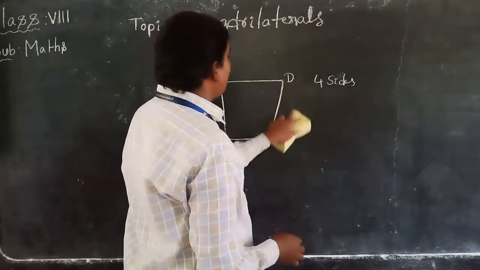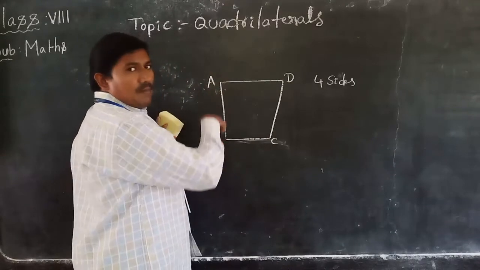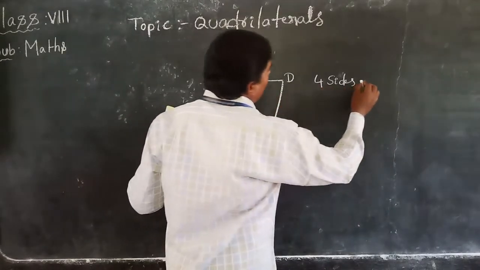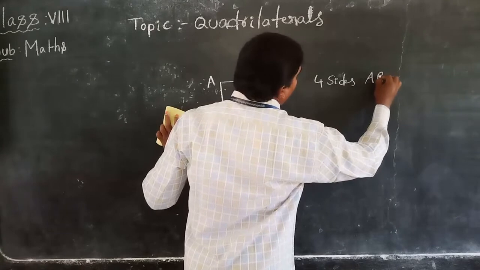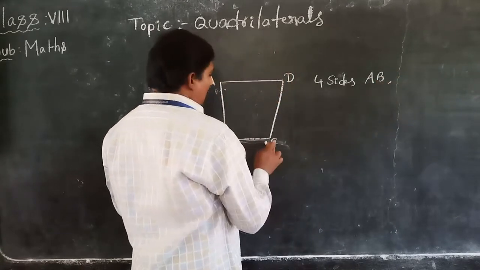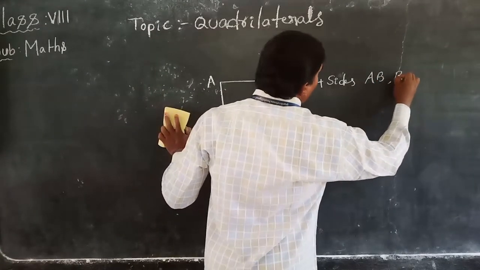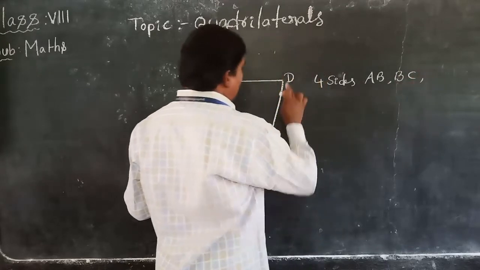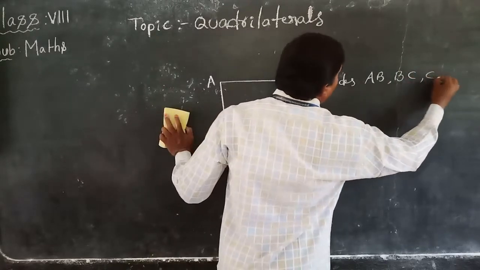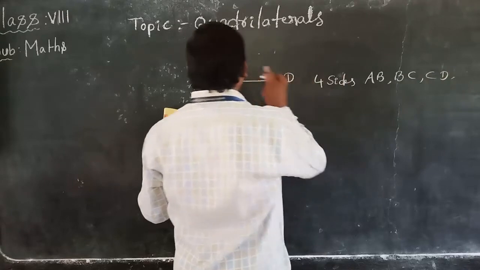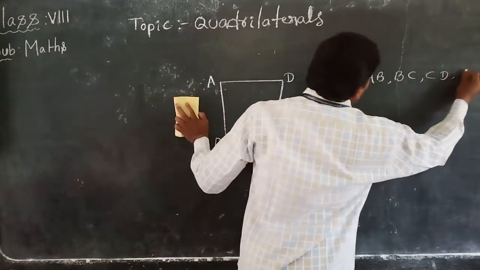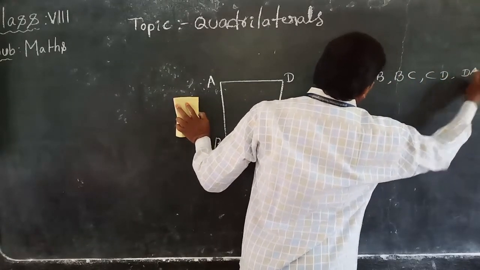How many sides? 4 sides. AB or BA, BC or CB, CD or DC, DA or AD.